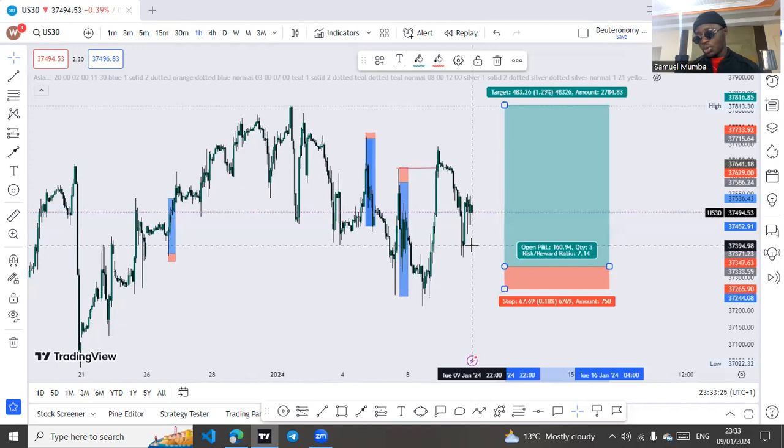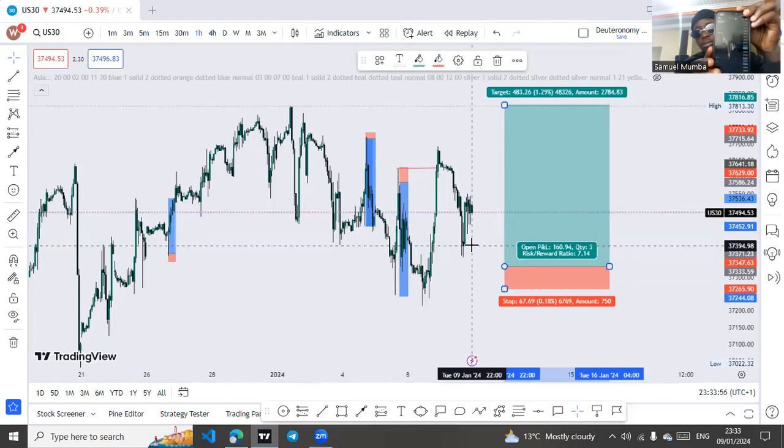I think I can still show you some of the positions I'm holding for US 30. Yes, US 30, please. I'm holding those positions. Those are profits, as you can see. So we are holding some positions for US 30. Let me try to do this.